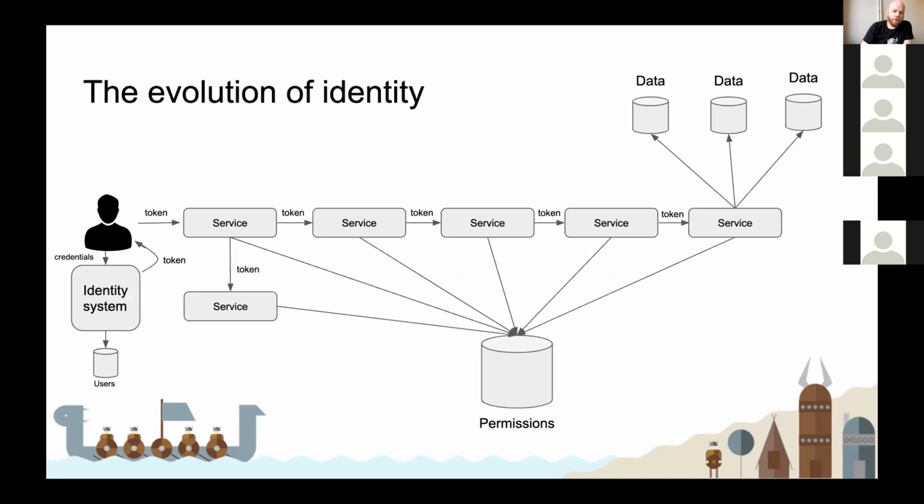No. So one evolutionary step here would be to move the user database to an external identity system, and have the user go there with their credentials. They authenticate to the identity system and get a token in return. That token is then passed around between these services. And they no longer need to care about or manage the identity of the user, because that responsibility has been delegated.